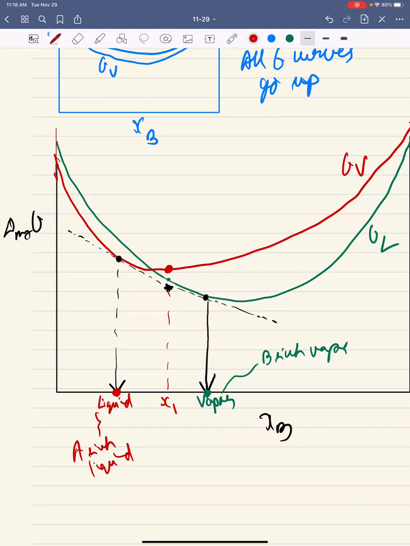Oh yeah, good point. So this is B-rich liquid because the green curve was, yeah, absolutely correct. Sorry about that. That's why the colors were important. So actually it's the opposite of what I first said, but hopefully that's clear.